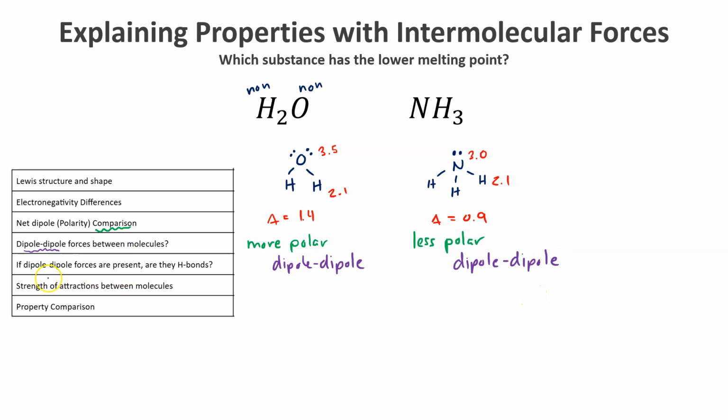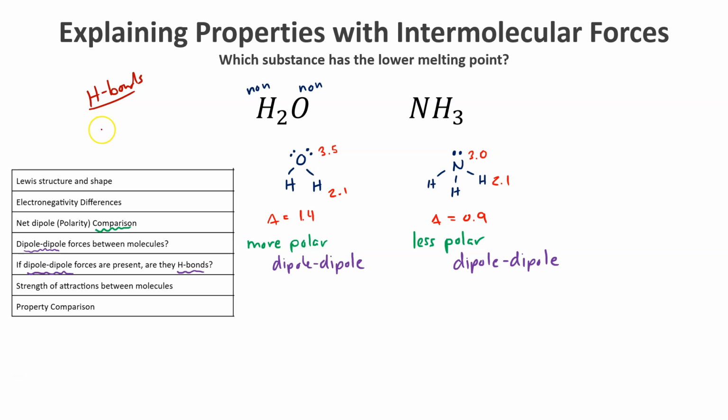And there's an important follow-up to this too, because some dipole-dipole forces are extra special types, extra strong dipole-dipoles called hydrogen bonds. And to get hydrogen bonds within the molecules, maybe we should back up and do a quick little recap of what it takes for these dipole-dipoles to be considered hydrogen bonds.